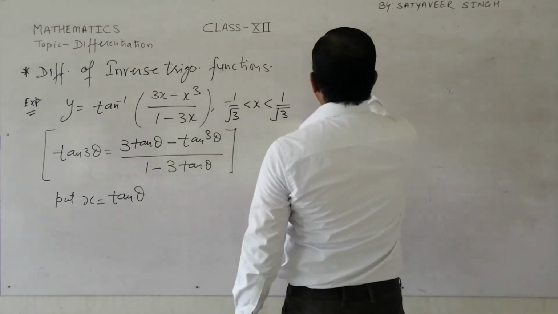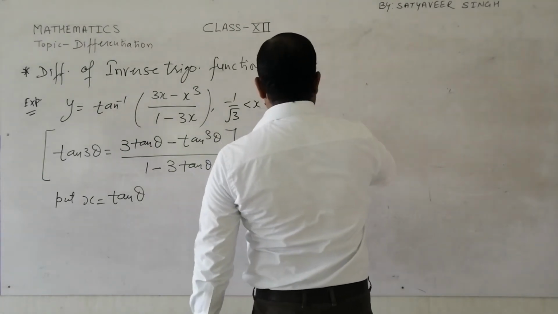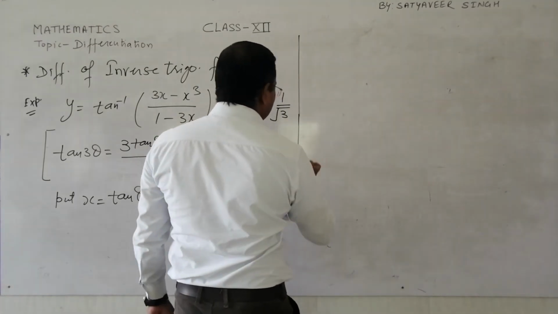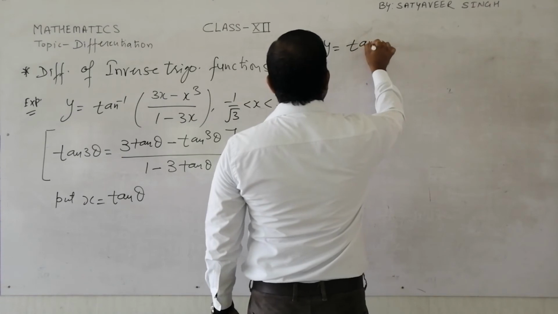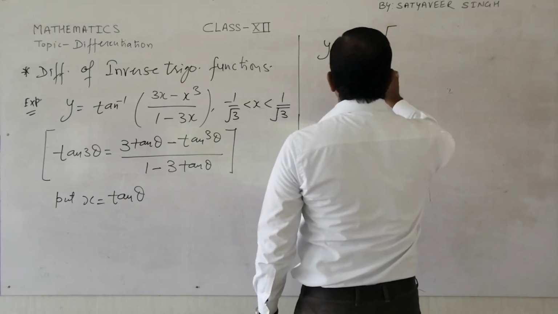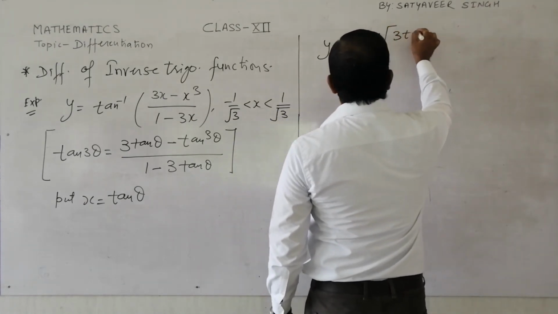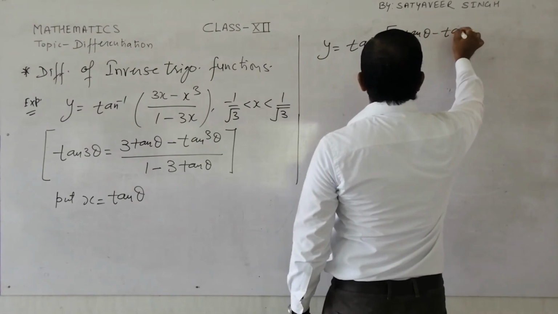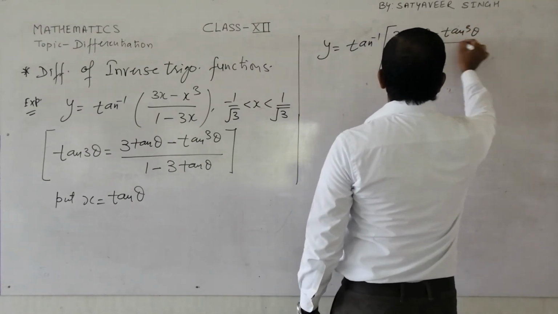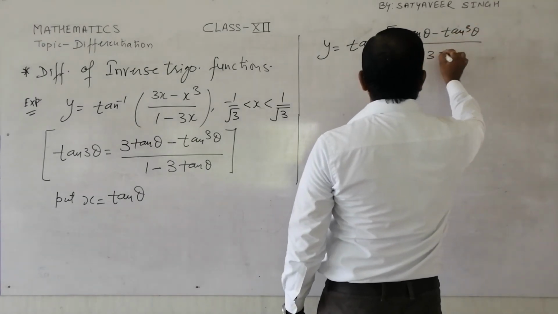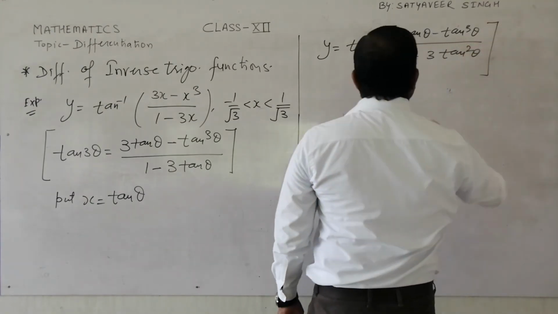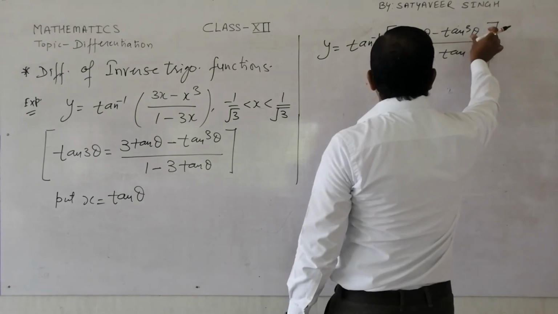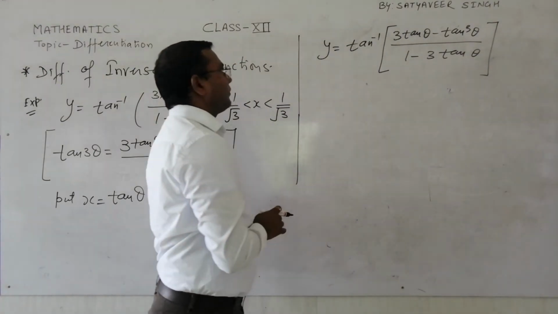See, I am replacing this, so I can write now y is equal to tan inverse of (3 tan theta minus tan cube theta) upon (1 minus 3 tan square theta). Sorry, 3 tan square theta.